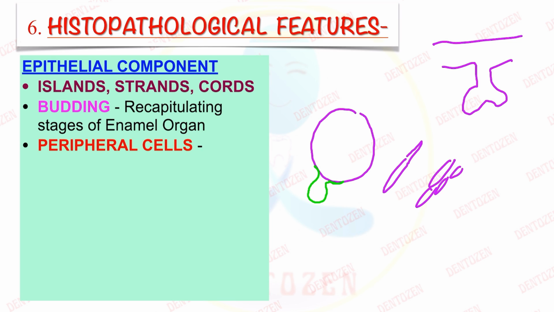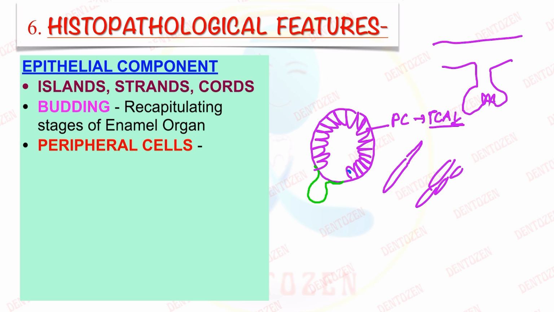So if we magnify this area and look inside the island, the peripheral cells of these islands appear as tall columnar cells, and they look similar to ameloblast cells of the enamel organ. So they are known as peripheral cells, which are tall columnar ameloblast-like cells.